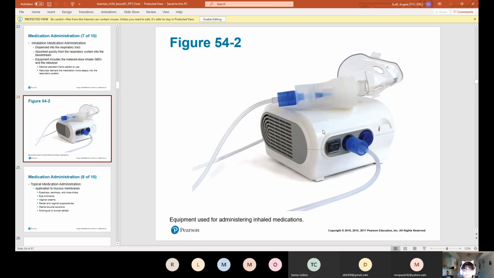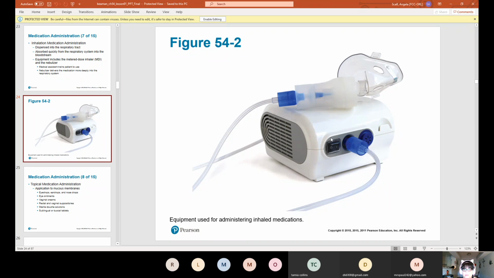Some of them are just room air that is mixed with a watery solution and the medication, and it's delivered. Some of them are used through oxygen. Some of them, I've seen these little tiny portable ones, and they basically just dump the medicine in there, and it has a little machine, and it causes it to vaporize, and they can breathe it directly in.